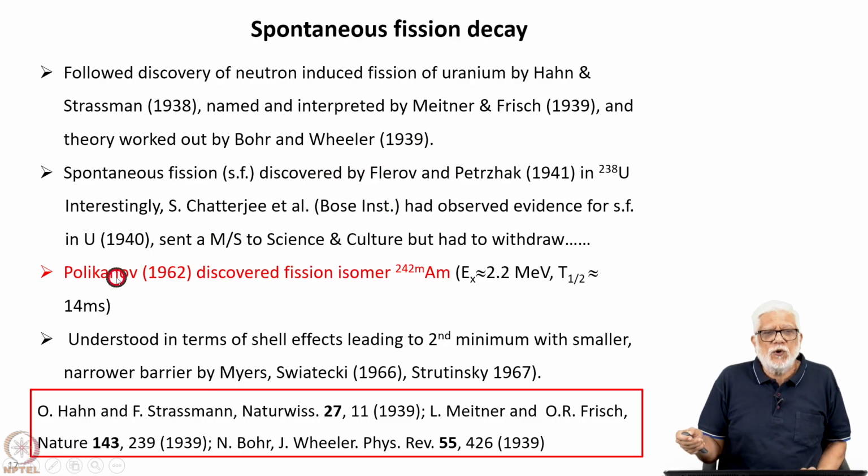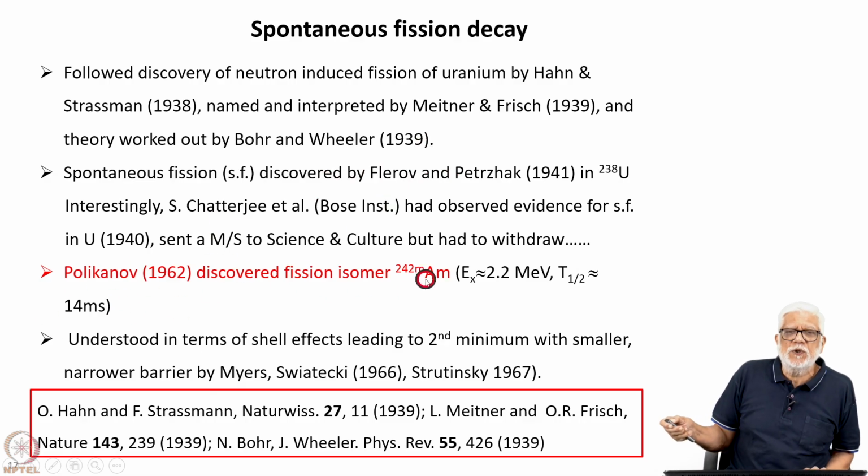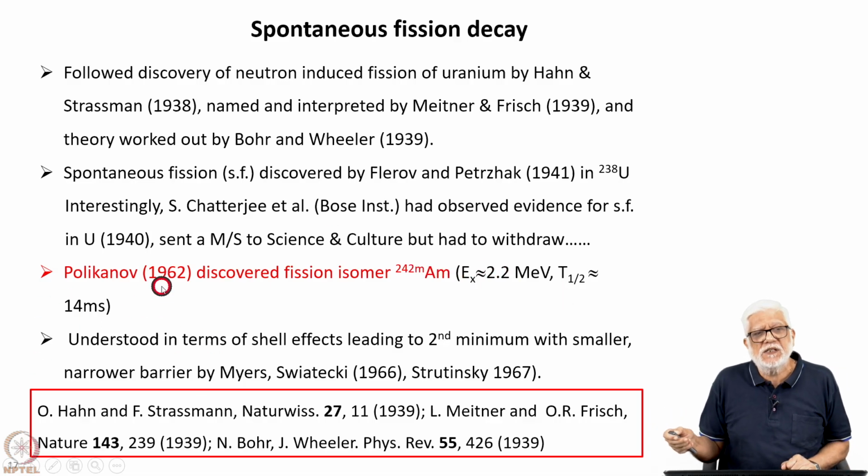Okay. Polikanov in 62 discovered the fission isomer, a 242 metastable state in americium, and the excitation energy was about 2.2 MeV and the half-life was about 14 milliseconds. And this was very surprising, such a high excitation energy, but relatively long half-life.